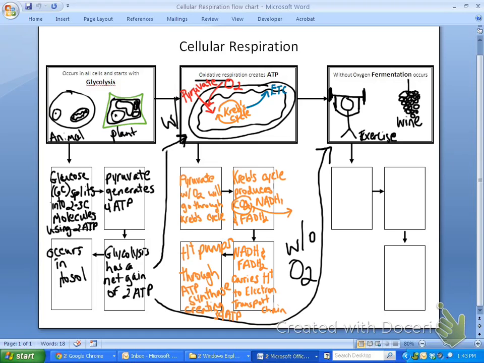Well, what happens is that, let's say that we are not a plant cell, but we are a fungus cell, specifically yeast. I take a bunch of grapes and I squish them down and I get the juice out of those grapes. I then put it in a barrel and I throw a bunch of yeast in that grape juice.